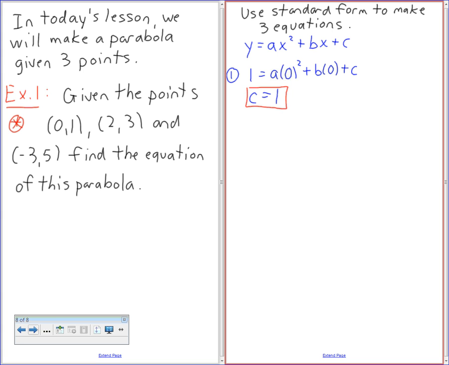You're out, unfortunately, though. Can I get a second volunteer to do the same thing with the next point? Bailey, go ahead. You're not done yet, Bailey, so it's going to be 3 equals a times 2 squared plus b times 2 plus c. Bailey, can you simplify that? What's 2 squared going to be? Good.